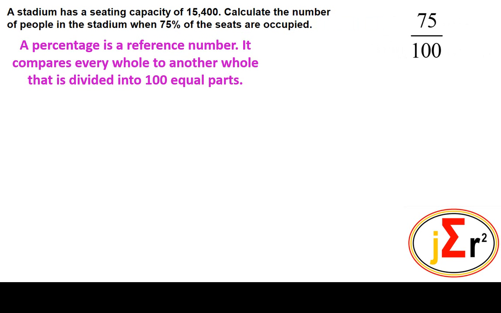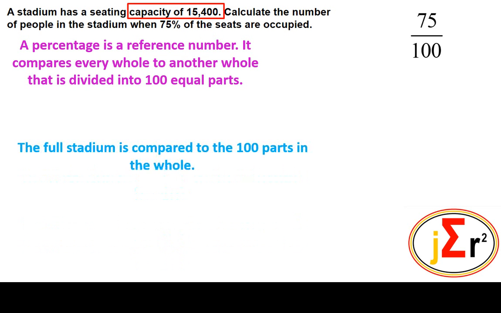And if we compare 15,400 to a whole divided into 100 parts, if we take 75 of those 100 parts, how many parts would we be taking of the 15,400? That is what we are saying.